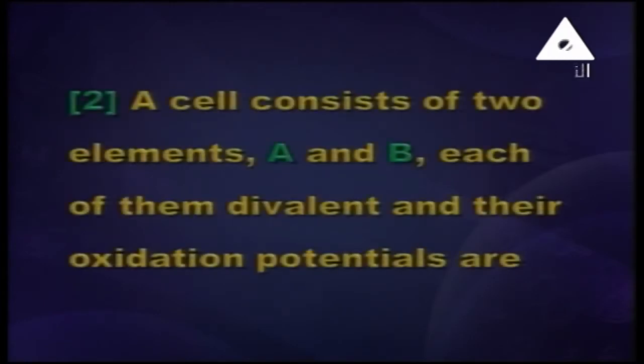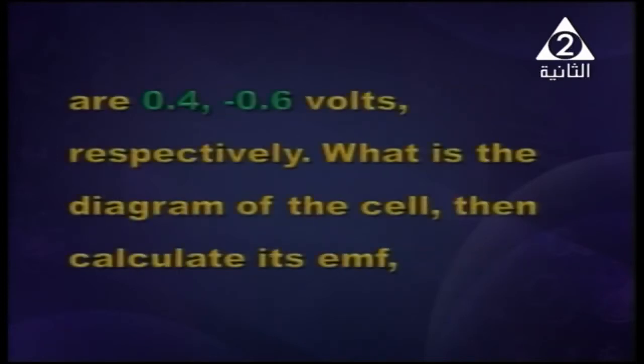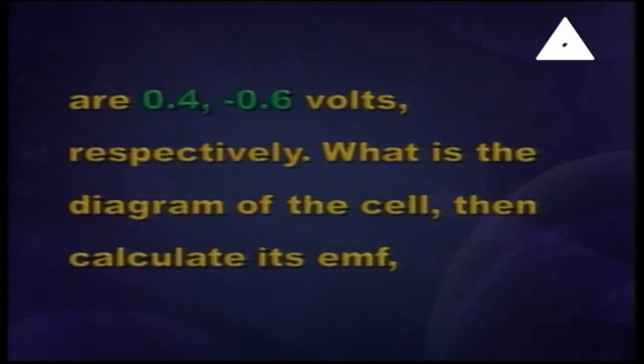Another example. Number 2, a cell consists of two elements, A and B. Each of them divalent and their oxidation potentials are 0.4 and negative 0.6 volt respectively.